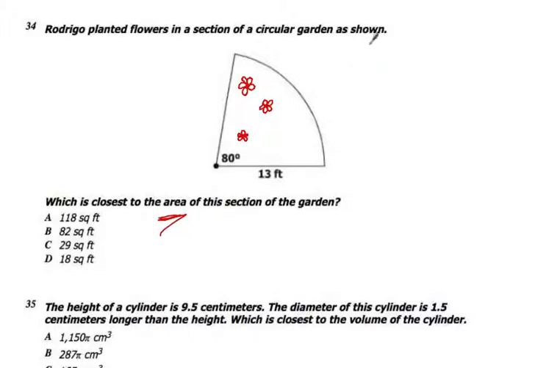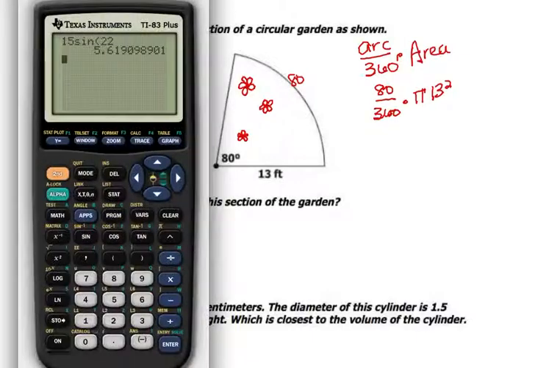Guys, remember to get that area, it's arc over 360 times area, which is pi r squared. So our arc, since this is 80, our arc is 80 over 360 times area, which is pi r squared, 13 squared. Getting out my handy dandy calculator and I'm going to plug it in.